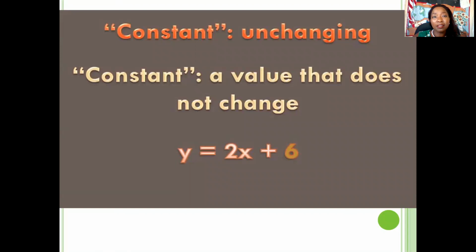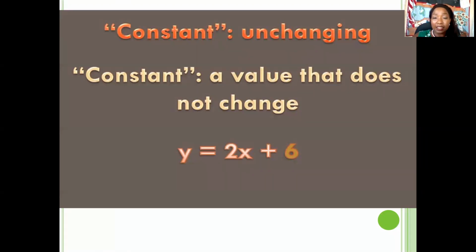The second is constant. Now you might already be familiar with this word because it means unchanging when something is constant. In algebra, a constant is a value that does not change. Or simply, a number all by its lonesome self. We have y equals 2x plus 6.